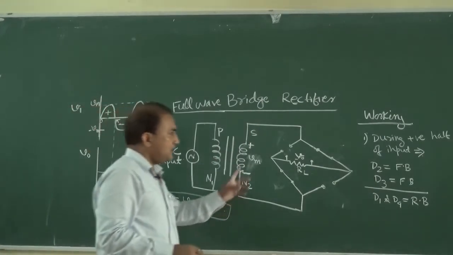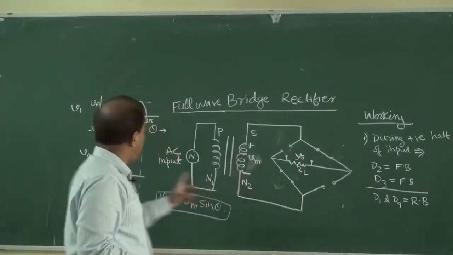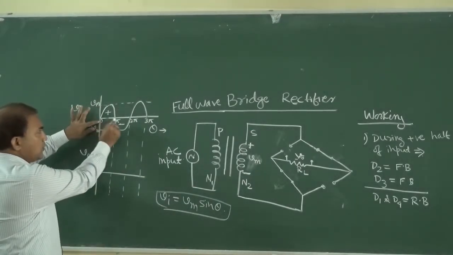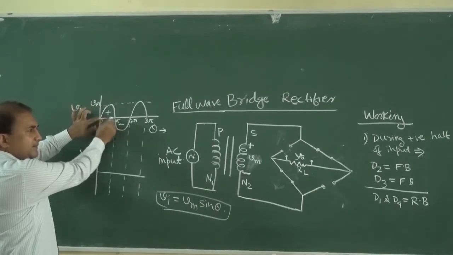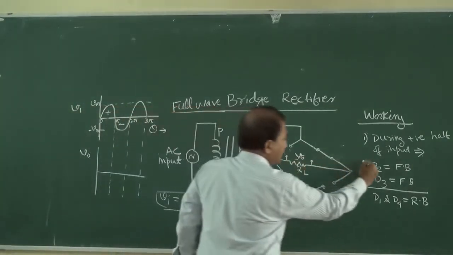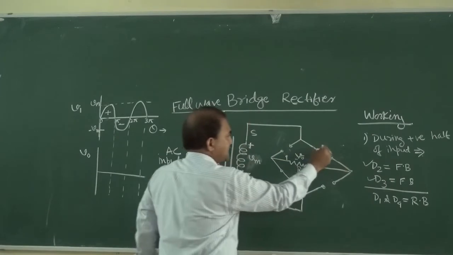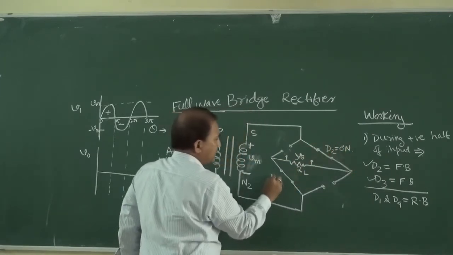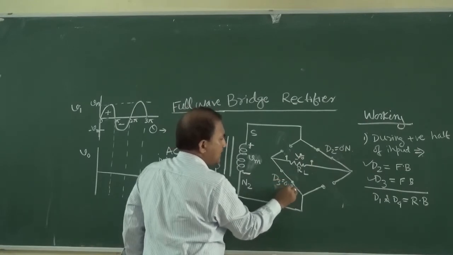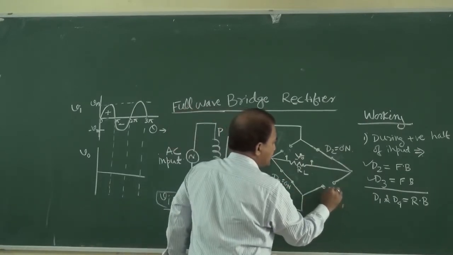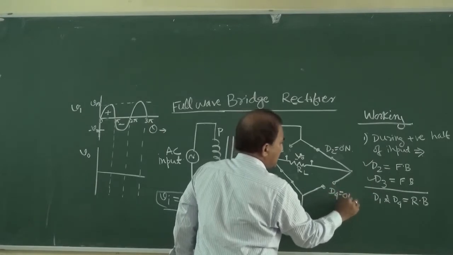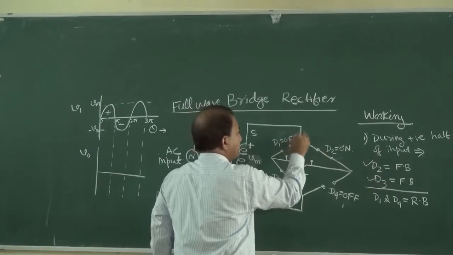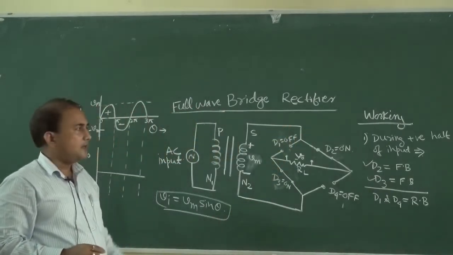So this is the condition when Vin is from 0 to pi, during the positive half of the input signal. Diode D2 is on, diode D3 is on, D4 is off and D1 is off.